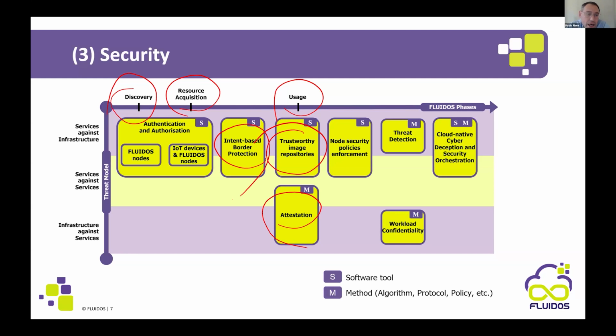In this area, we also foresee some, let's say, native security services. So we can even think about buying computing resources from another node, from another cloud provider, and so on, with some security services built in, like threat detection or cloud native cyber deception.